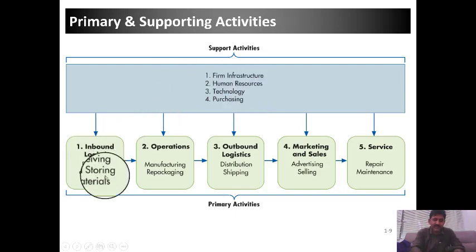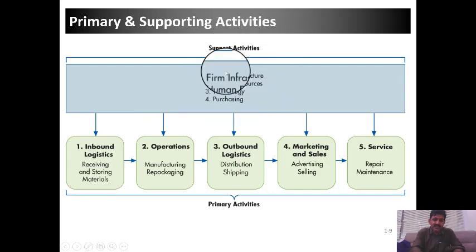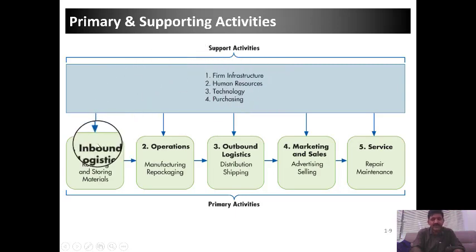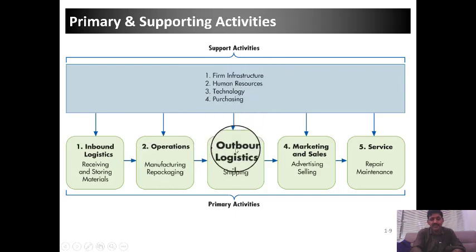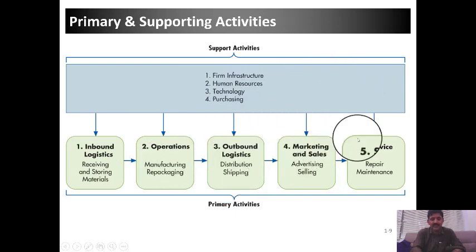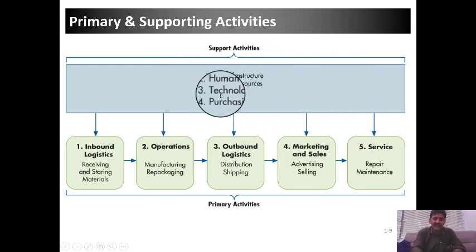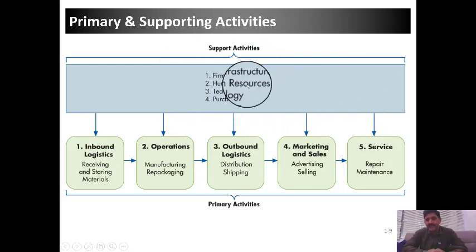Before receiving raw material, whatever activities take place inside the business are called supporting activities, to support the purchase of raw material, operations, outbound logistics, marketing and sale, and services. I hope you understand.